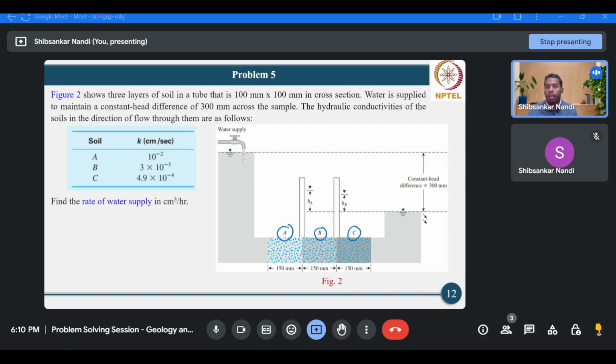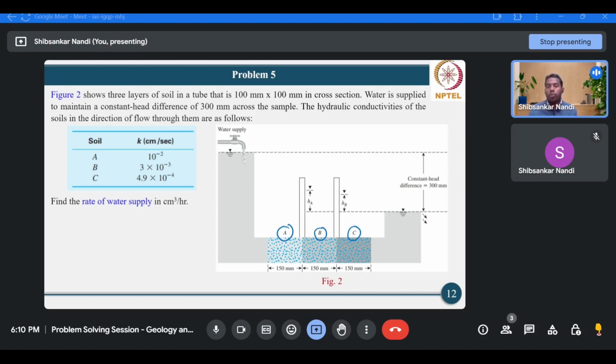For example, the hydraulic conductivity of soil sample A is 10 to the power minus 2 centimeter per second. For B, it's 3 into 10 to the power minus 3 centimeter per second. And for C, it's 4.9 into 10 to the power minus 4 centimeter per second. So from sample A to C, the hydraulic conductivity value decreases continuously.